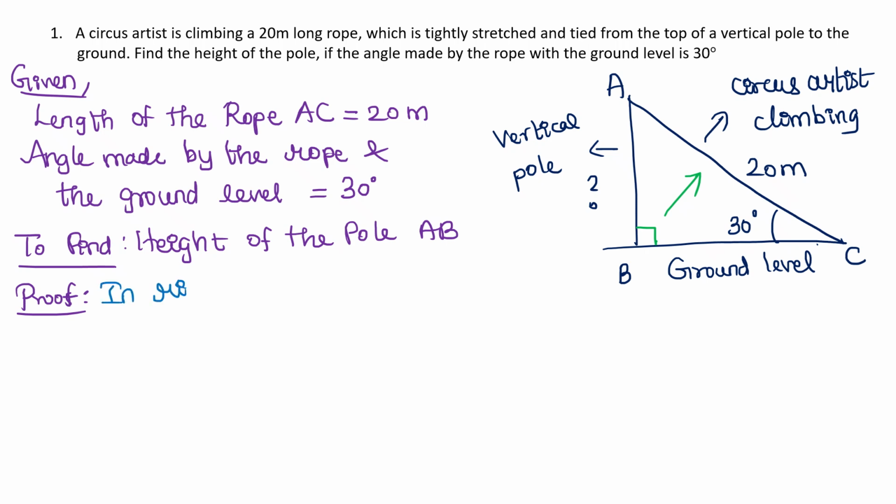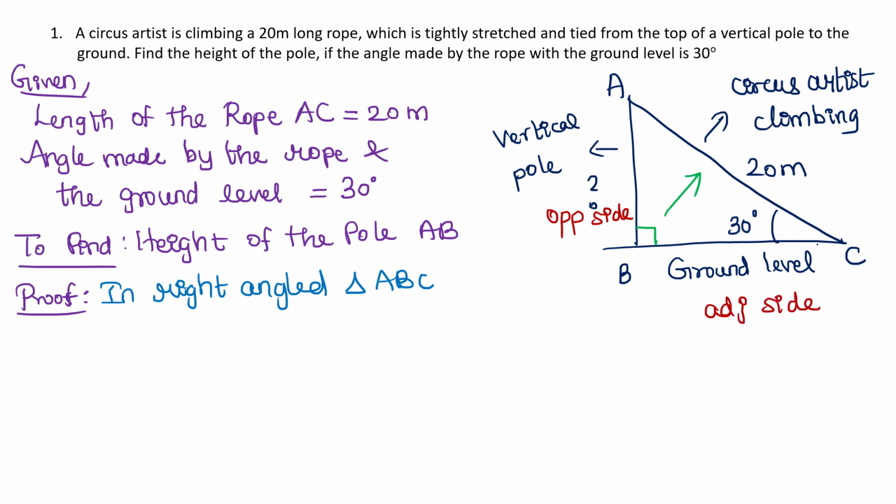In right angled triangle ABC, when you want to find the vertical pole, the hypotenuse is already given. For this angle of 30 degrees, the vertical pole will be on the opposite side, and the ground level will be the adjacent side.